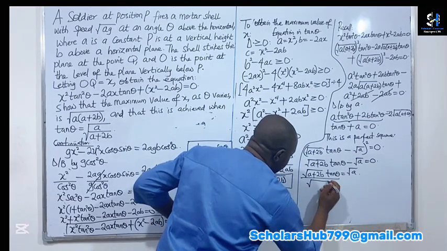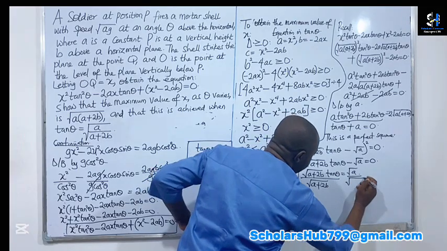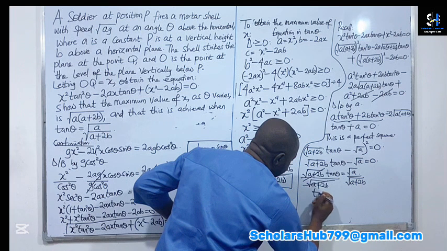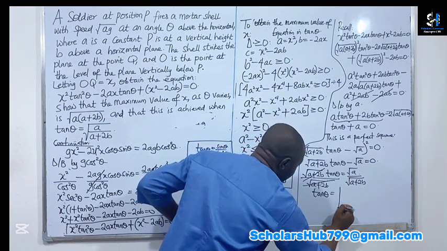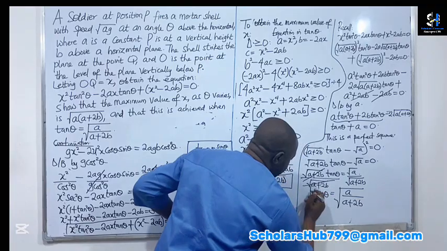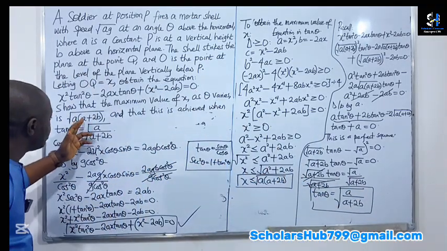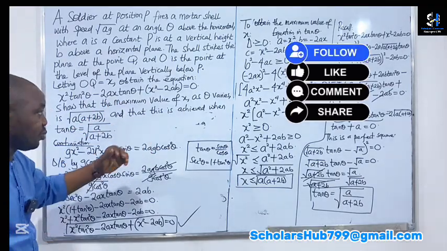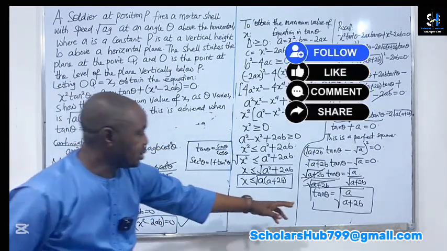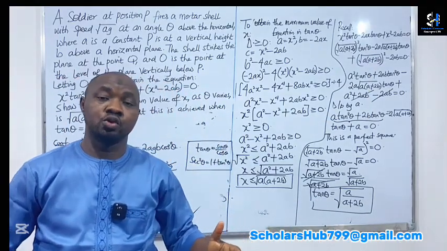If you divide both sides by root a plus 2b, we're going to have tan theta equal to the square root of a divided by a plus 2b. And we've shown that x is maximum as theta varies, and this can be achieved when tan theta is equal to radical a divided by a plus 2b.